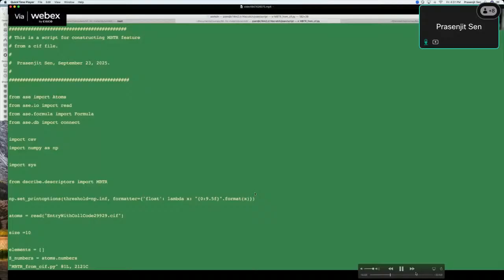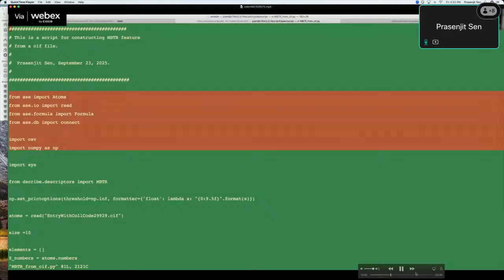You can also decide to store it in CIF format. If you download data from, say, the ICSD database, you will get structures in CIF format. Okay, so these are usual things that you have to import.